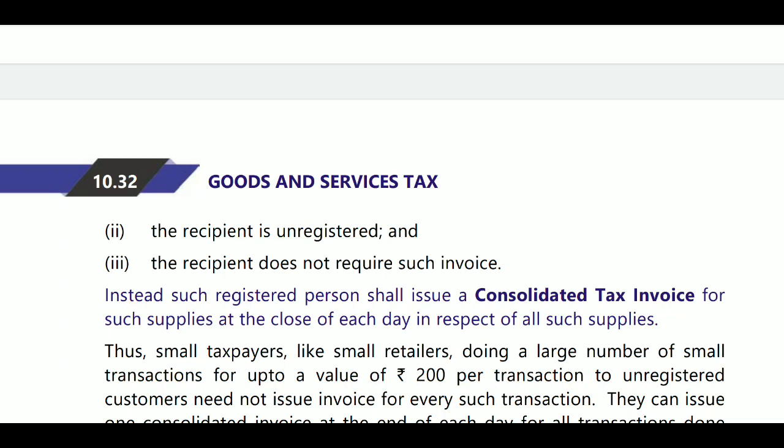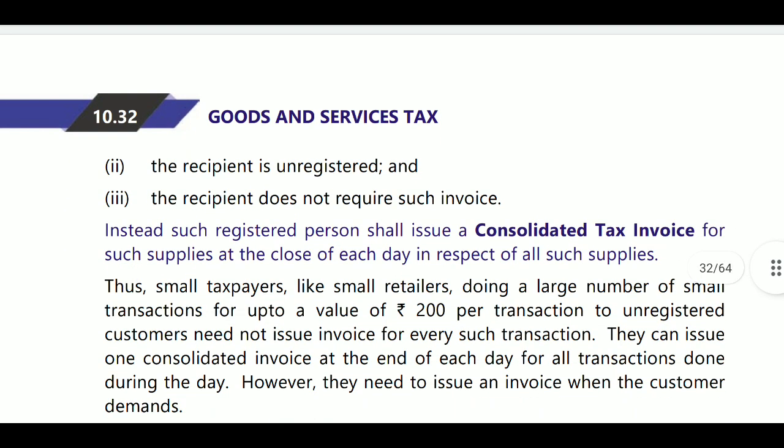In all these cases a tax invoice is not required. So you must consolidate these invoices at the closure of each day in respect of all such supplies. What are such supplies? Value of supply less than 200 rupees, recipient is an unregistered person, or recipient does not require such invoices.